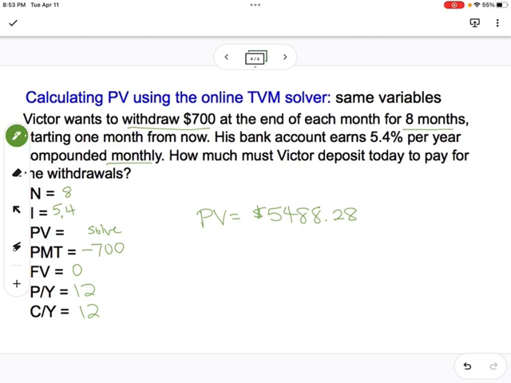So how much must Victor deposit today to pay for the withdrawals? He will need to deposit $5,488.28.